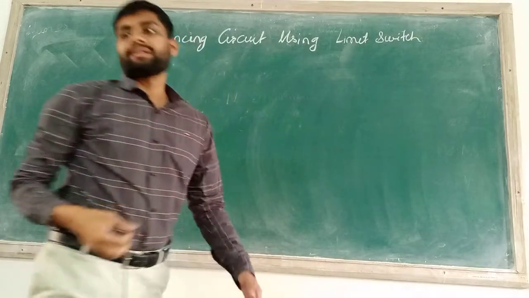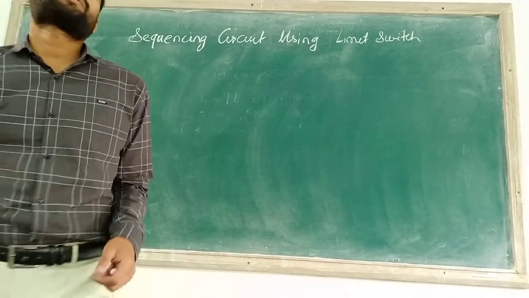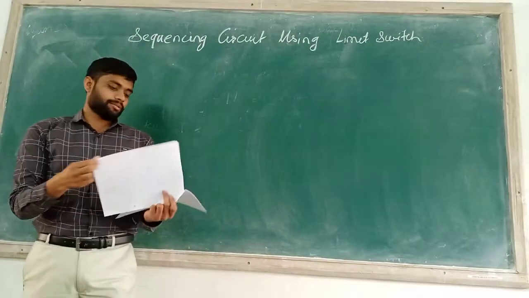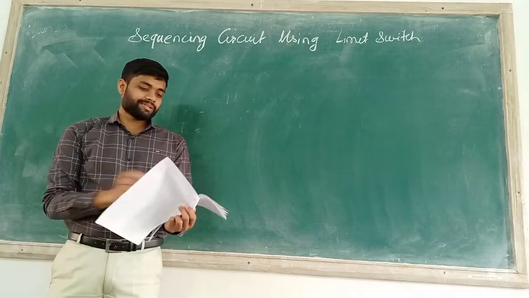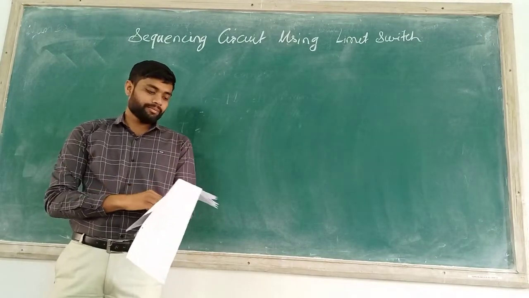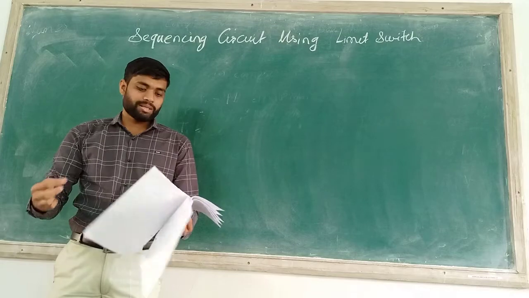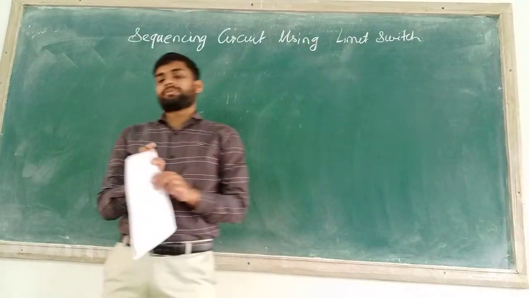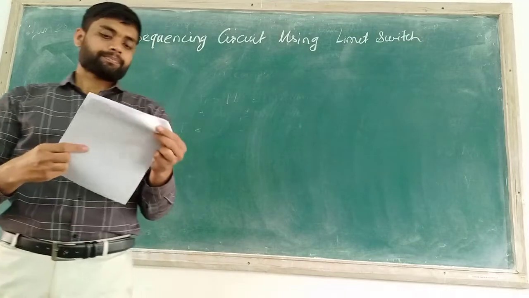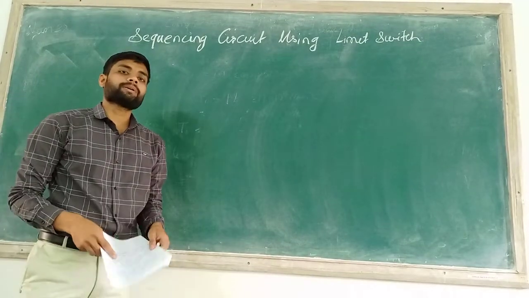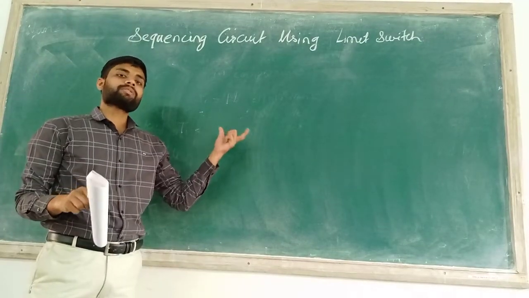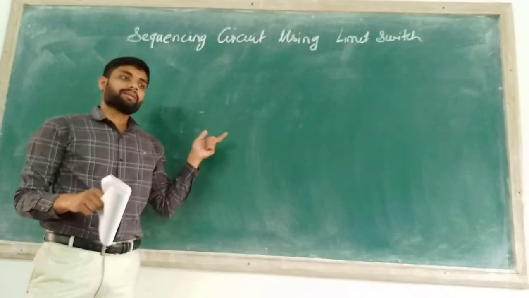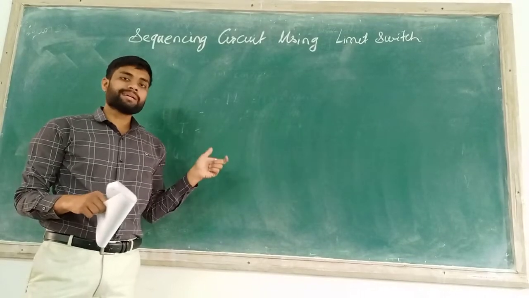As its name itself indicates, here we are going to use the sequencer to construct the sequence circuit, but here we are not going to use the sequence valve. Here we are going to use the limit switch. What will happen when the piston of a cylinder extends or retracts?